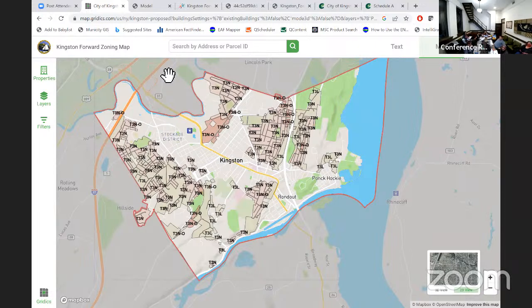The lighter color up on the map, the lighter pink, is T3 neighborhood. The green is T3 large lot.